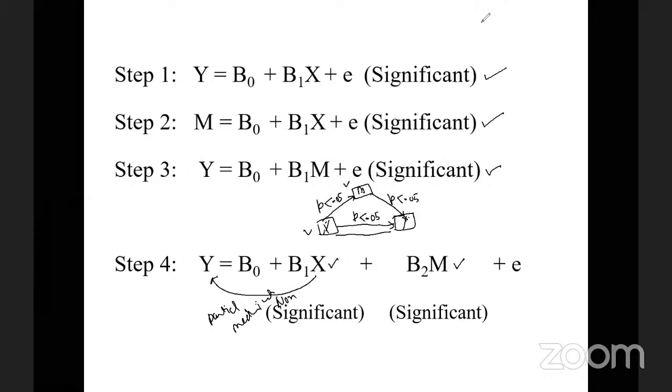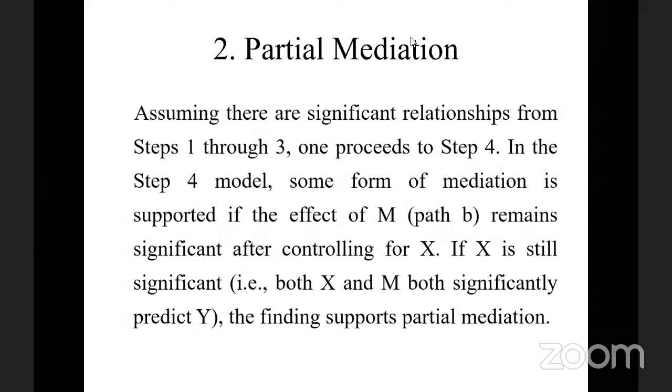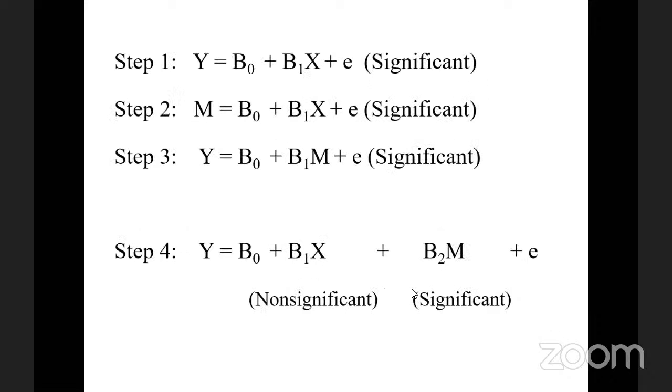So I can show you again the full mediation. In the full mediation, after applying the multiple regression analysis with x and m as predictors, m is significant, but the relationship between x and y should not be significant.